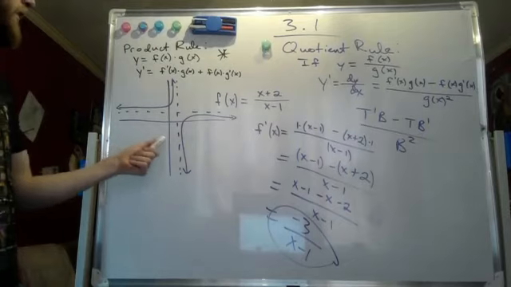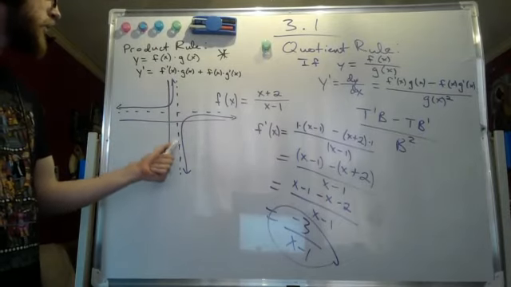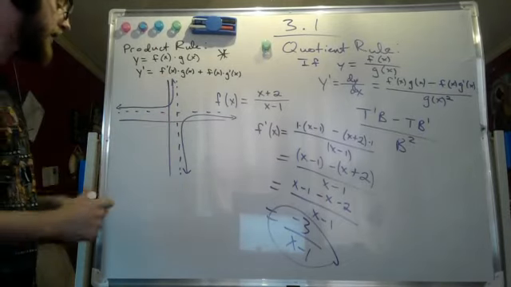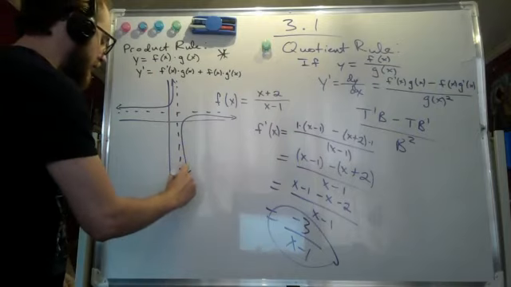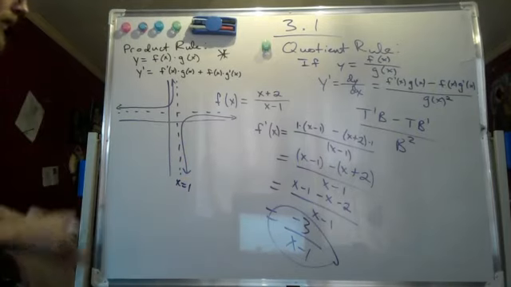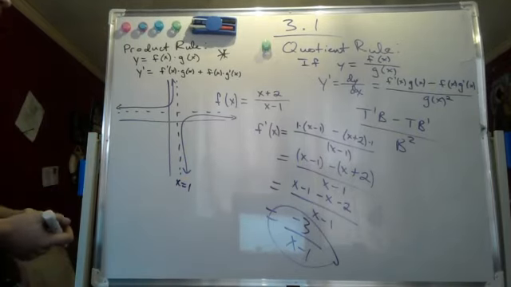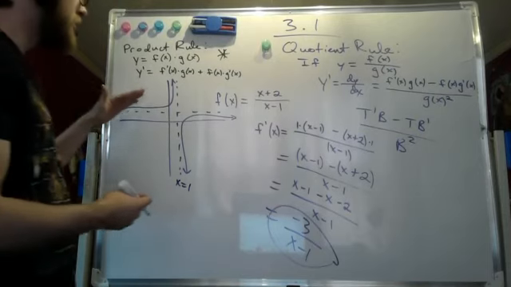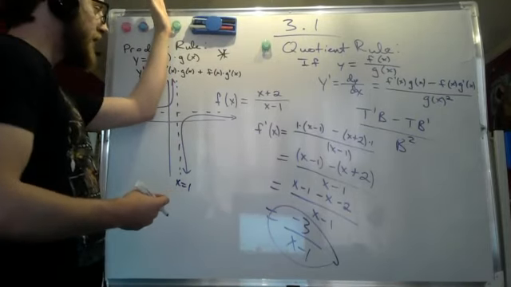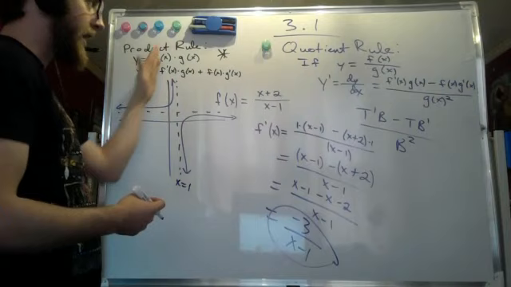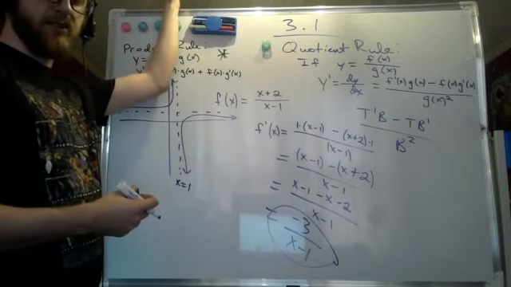Looking back at our graph, the question is, what is the slope at x equals 1? Well, there is no slope there. Or more correctly, from the left side, it's infinitely increasing, and so it has a positive infinity slope.